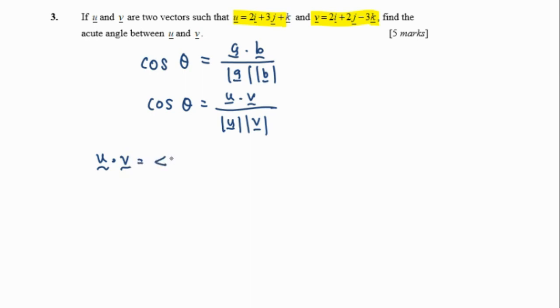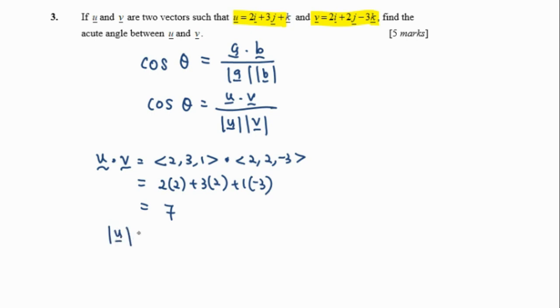Given that vector u is 2, 3, 1, dot with vector v, which is 2, 2, negative 3. So I write my vectors in vector form. In order to do the dot product, you multiply x with x value, y with y value, z with z value. So we will get the answer of 7. Then we find the magnitude of u.